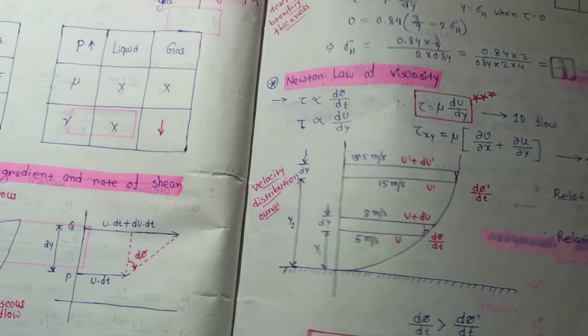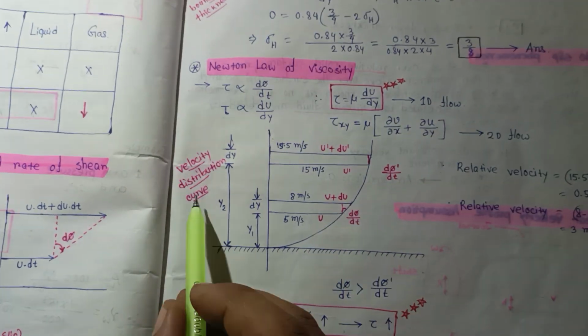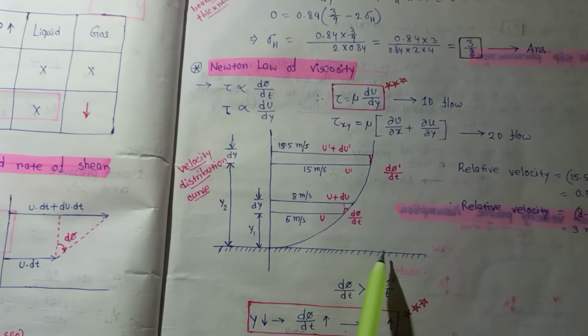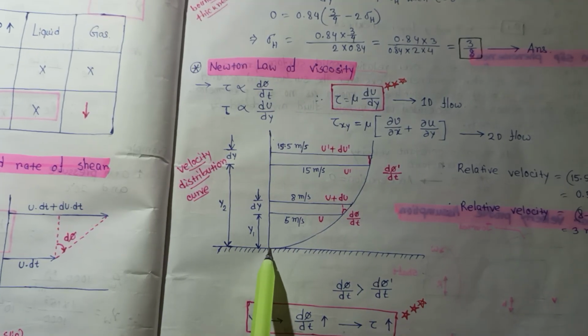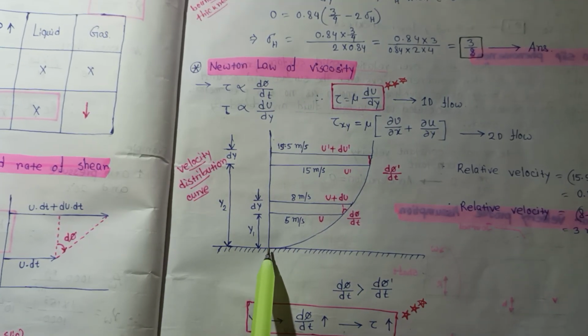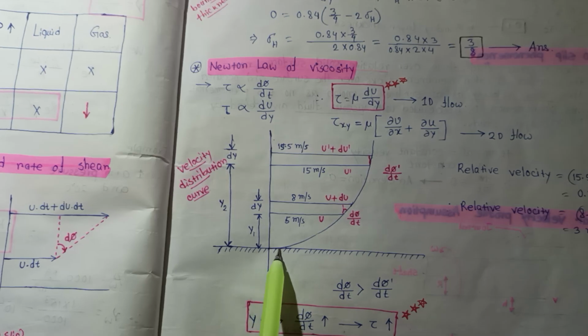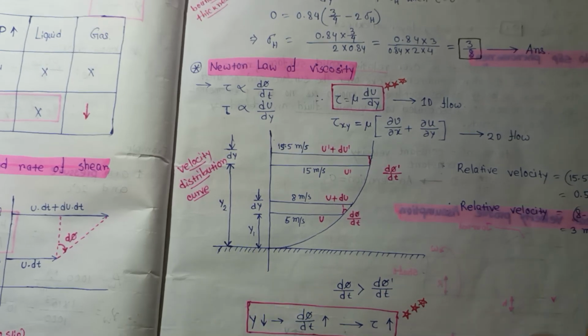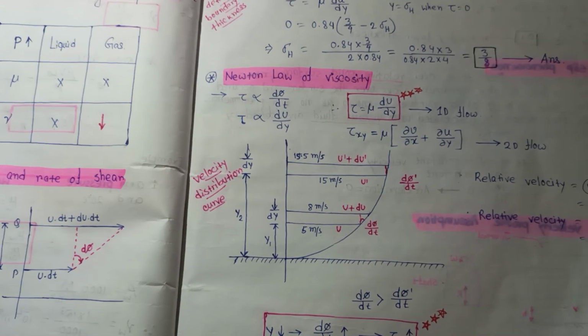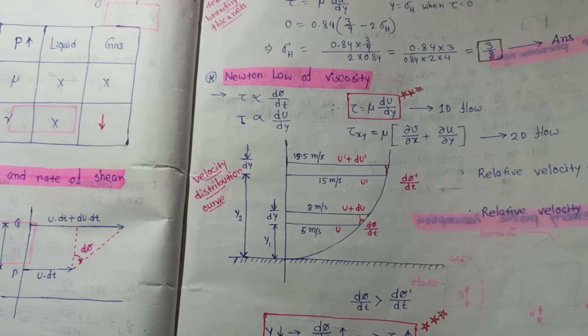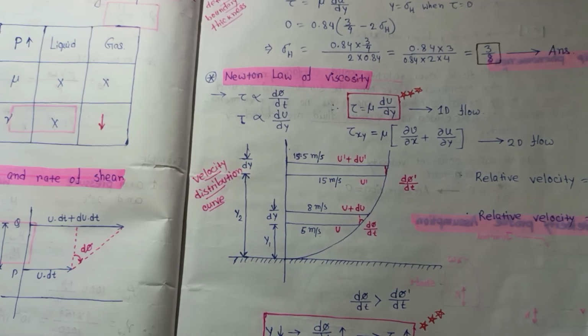So when the viscous fluid flows over the solid surface, near the solid surface the velocity of the fluid is the same as the velocity of the wall. So this is the no slip phenomenon. Remember, this is a very, very important concept you have to remember.